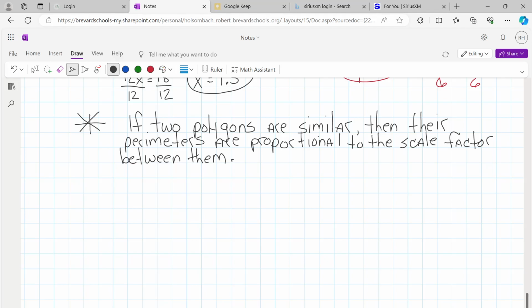What they're saying here is you can use the scale factor to determine perimeters of two polygons.